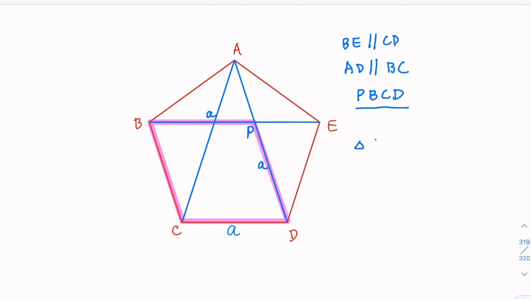So the triangle ACD, in the degree here, would be 72, 72, and 36. So this is the 72 degree, and this is 36 degree.